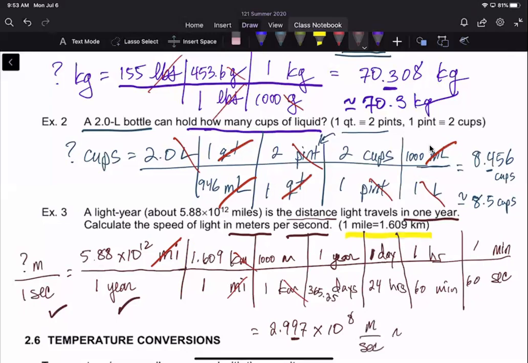If I'm going to round that, these all flip up and we get that number we may have seen before, 3.00 times 10 to the 8th meters per second.